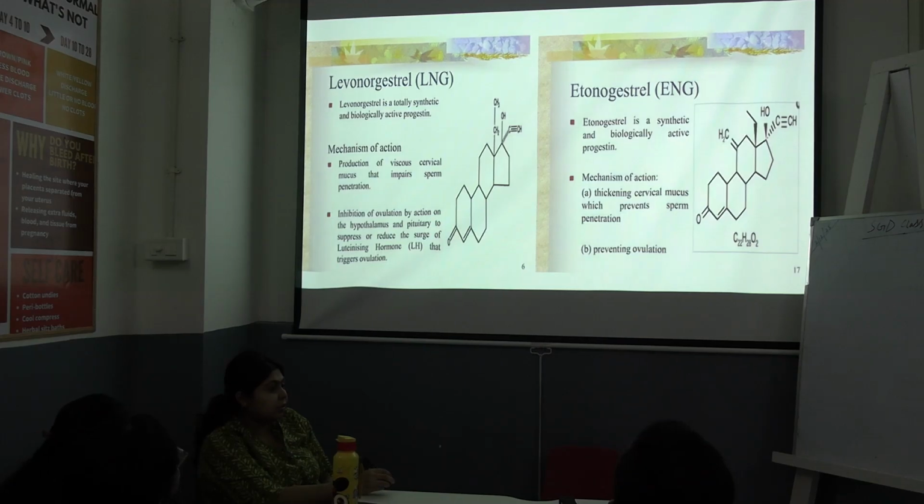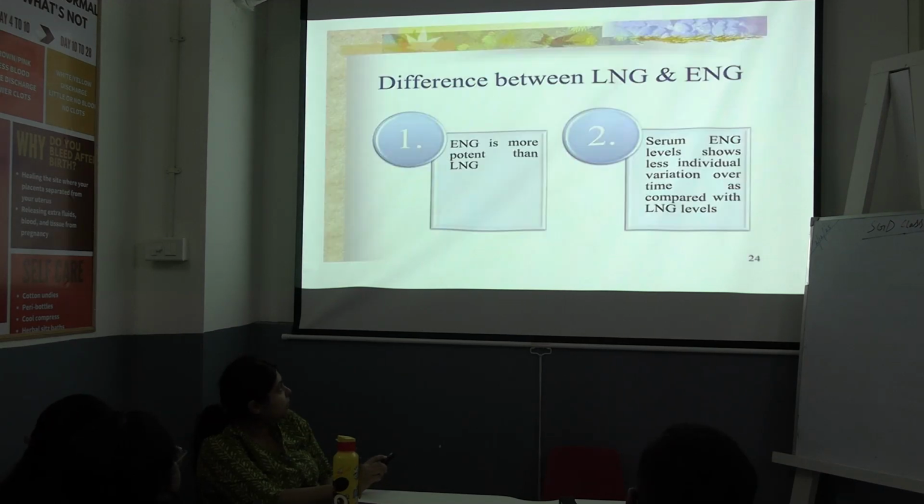If you are giving progesterone as a contraception, this hormone acts by thickening of the cervical mucus, the main mechanism, which prevents the penetration of sperms, followed by atrophy of the endometrium, followed by inhibition of ovulation. The difference between LNG and etonorgestrel is that serum levels of etonorgestrel show less individual variation over time as compared to LNG levels, and etonorgestrel is more potent than levonorgestrel.